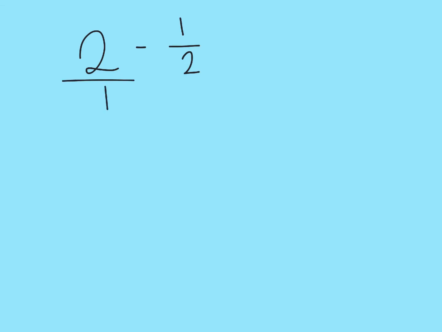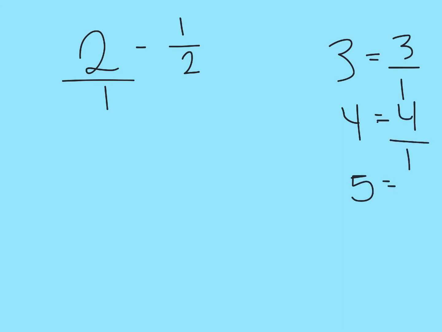For example, if I have a 3, it is 3 over 1, because fractions are basically divisions, so 3 divided by 1 is 3. So what's 4? 4 over 1. And what's 5? 5 over 1. We just turn it into a fraction so it'll be easier.